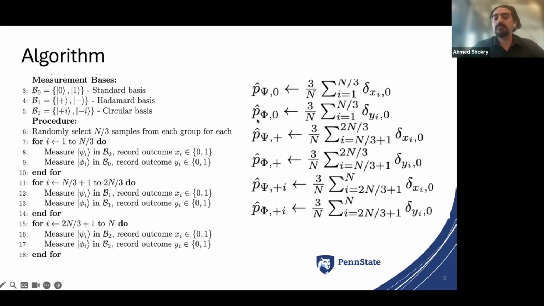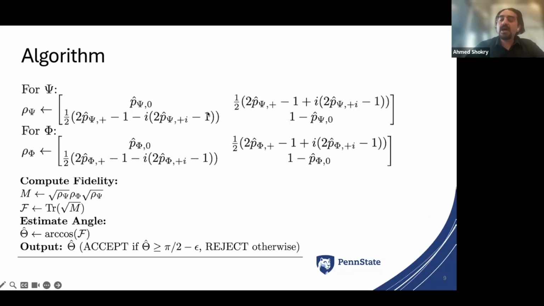Likewise, it estimates the probability that the sample belongs to the phi group and we obtain 0 using the standard basis, the probabilities of obtaining psi and phi using the Hadamard basis measurement, and the probabilities of obtaining psi and phi using plus i or minus i in the circular basis. This kind of probability is really important because it enables the verifier to estimate or reconstruct the state of each group.